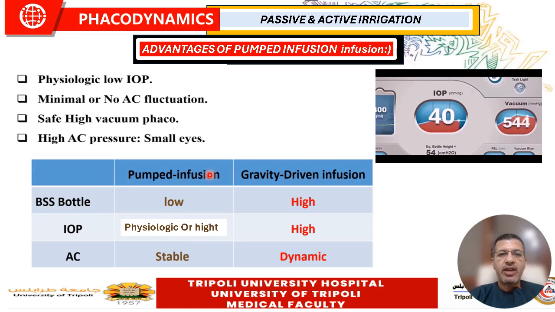And then a final evolution in the Alcon, which is the addition of the Active Sentry handpiece, in which there is a sensor within the handpiece itself that senses the fluctuation or changes in the intraocular pressure. We will explain this in the next slides. In general, pumped infusion is the new trend in all the new machines, so that it can compensate for any leakage from the wound and cope with the dynamic changes within the anterior chamber.